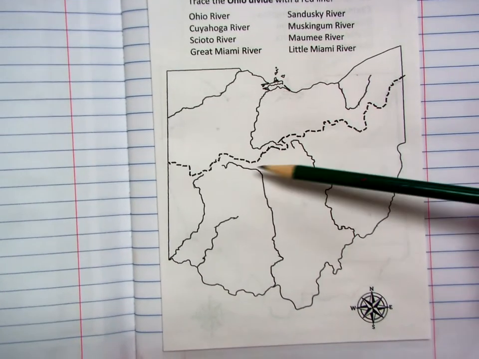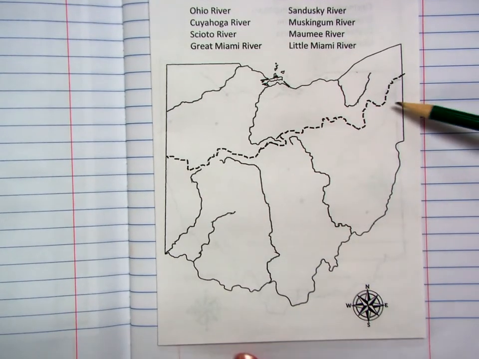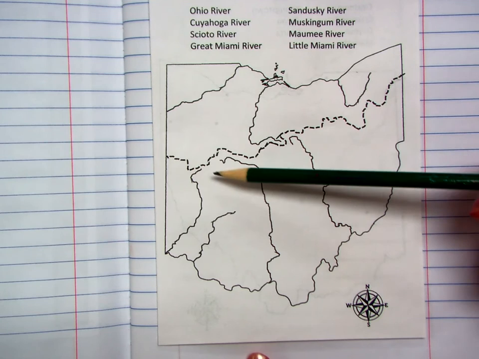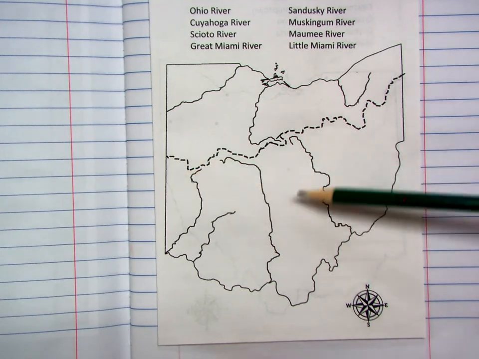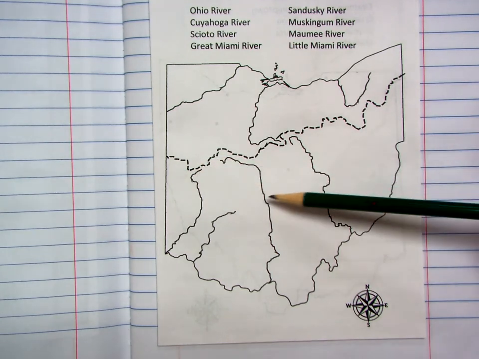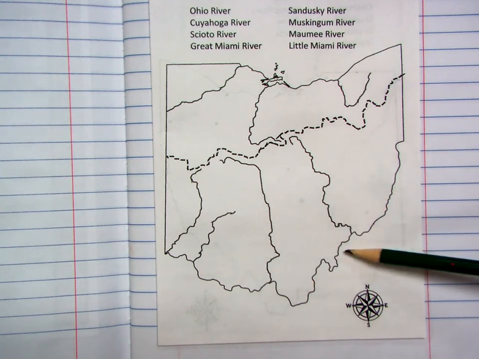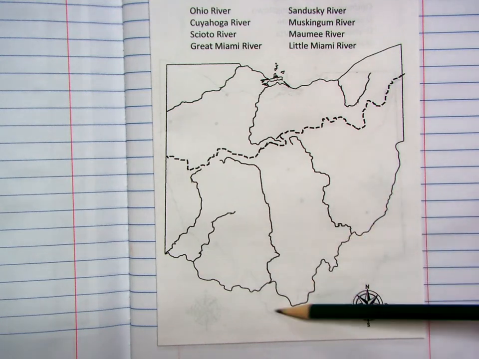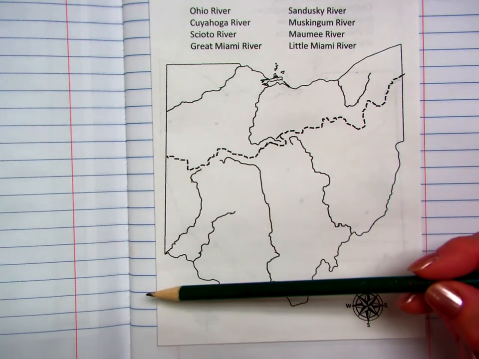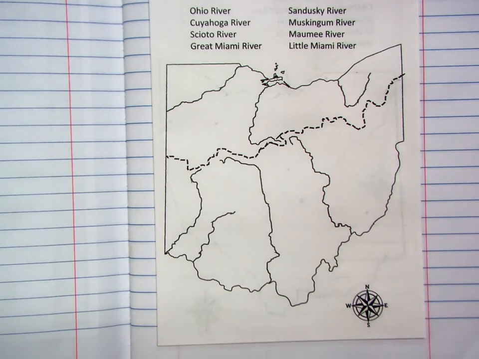All of the water in the southern part of Ohio, so any rain that falls down in here, any creeks or streams are going to flow into these major rivers, and they are going to end up at the Ohio River, which is going to continue on to the Mississippi River, which is going to continue to the Gulf of Mexico, which attaches to the Atlantic Ocean.